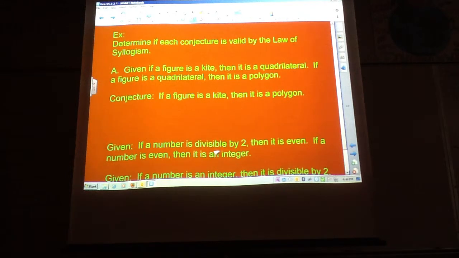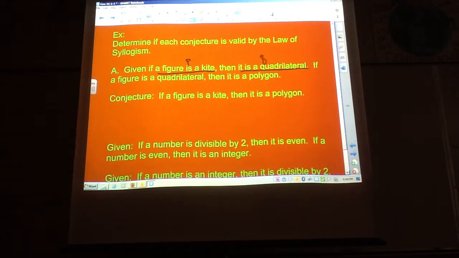Let's see if we have an example over here. It says determine if the conjecture is valid by the law of syllogism. The first example says given a figure is a kite. So our first hypothesis here is a figure is a kite. We'll call that P. Then it is a quadrilateral.